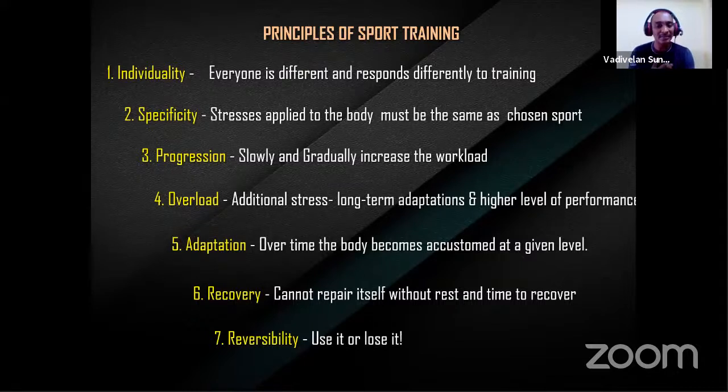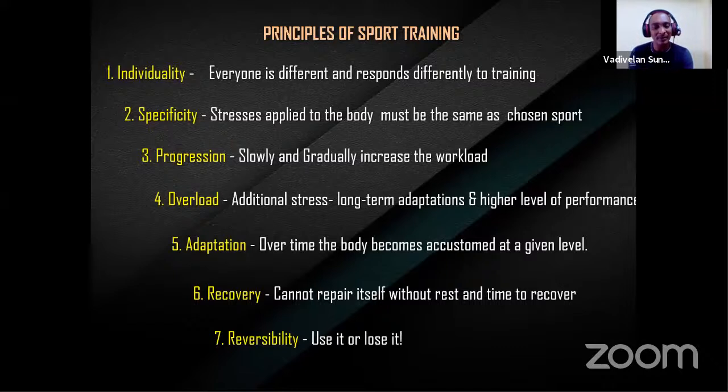And seventh, reversibility. For example, you train an athlete for 3 months or 6 months, and the athlete is trained well. Then he stops, because of some issues, and lacks training for another 10 to 15 days. What will happen? Slowly the athlete's power is going to come down. So the training should be all the time.